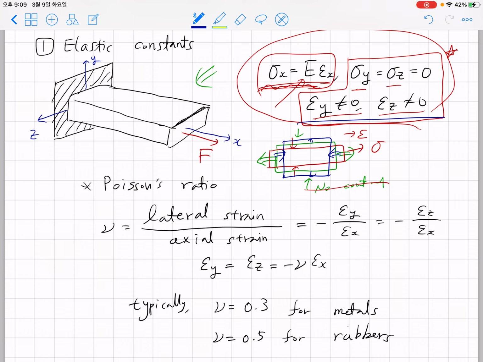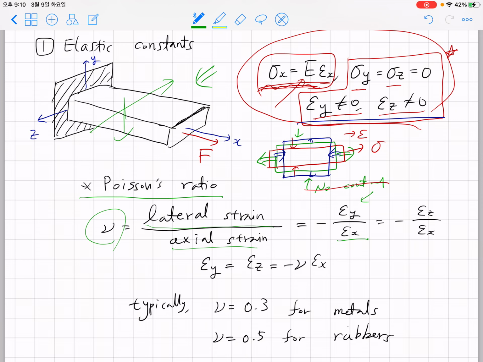Now, having measured Young's modulus, one has to define the Poisson ratio too. Poisson ratio nu is defined as lateral strain divided by axial strain. Lateral strain means strain along the y direction or the z direction. Because the signs of the strains are opposite, when you apply tension in the x direction, you're gonna have shrinkage in the y direction, so that epsilon y will be a negative value.